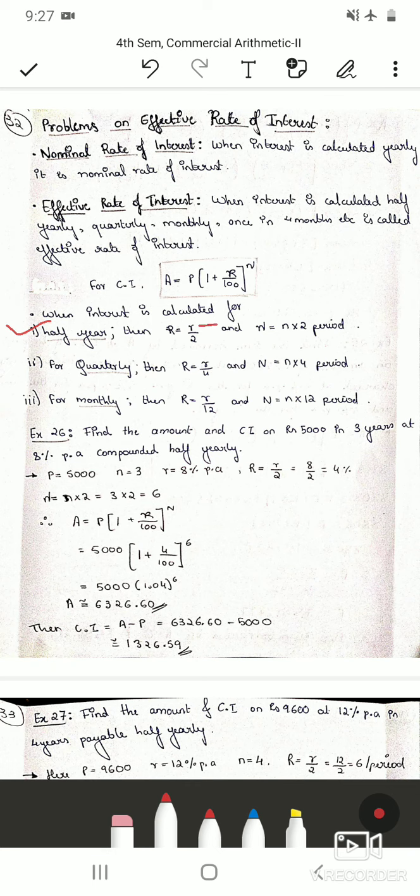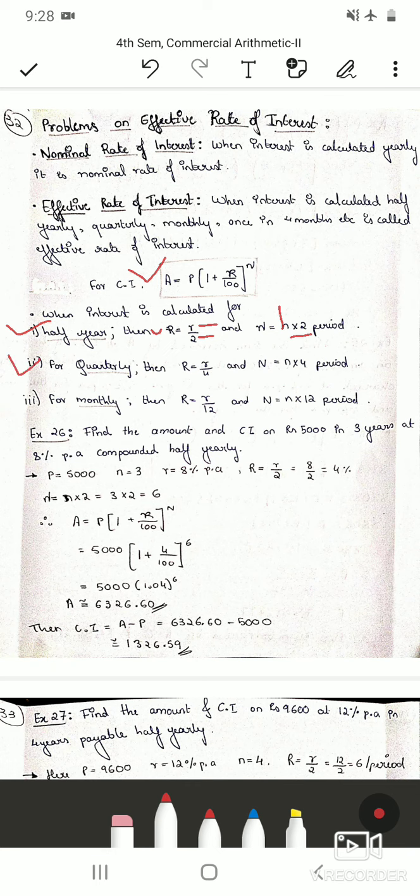In the question they will give the rate of interest and the period, but if they mention you have to calculate the interest half yearly, then you have to use this formula and take capital R as small r by 2, and since you are dividing by 2, for n you have to multiply by 2. So remember this.